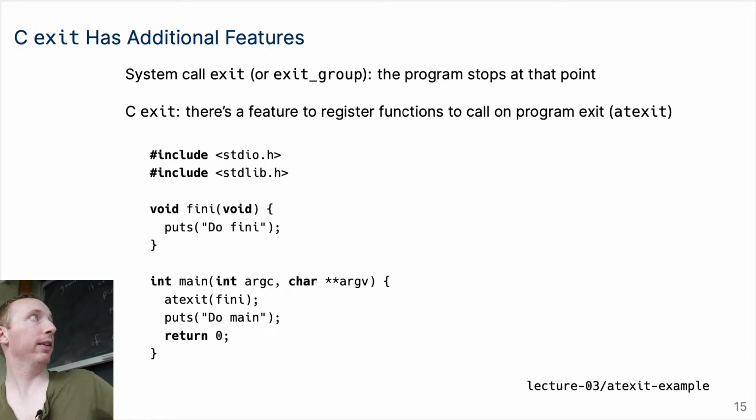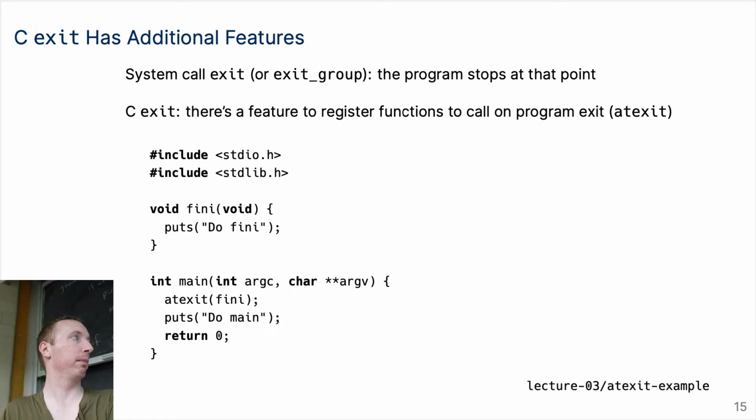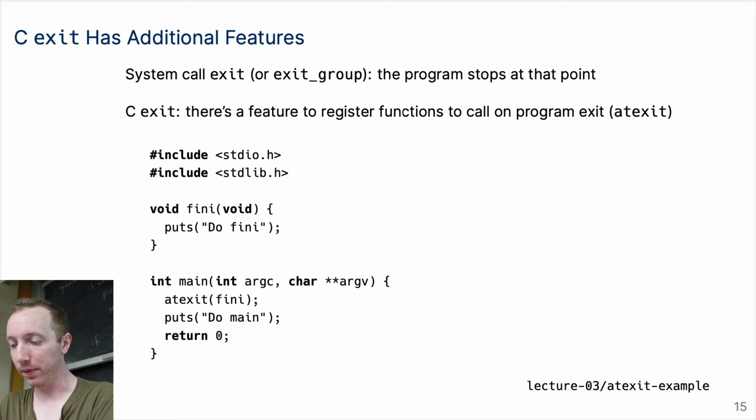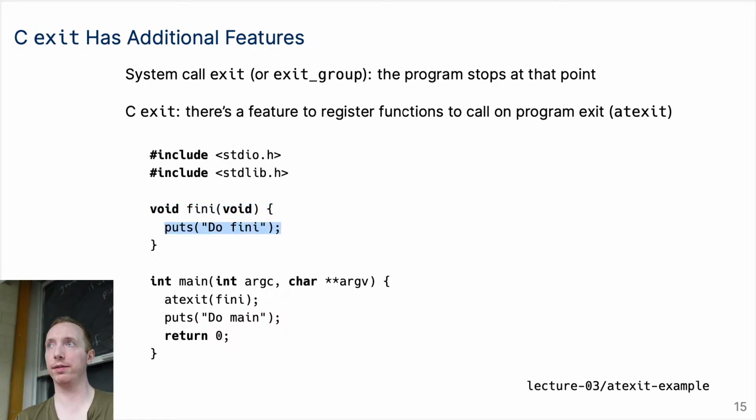So if we write this C program that just runs main, you can use this function called atexit to register functions to run when your program exits. The first line of main, I call atexit and register a function called do_fini, which will just put a string to the terminal saying it's executing. Then after I register a function, I execute do_main, and then I return.